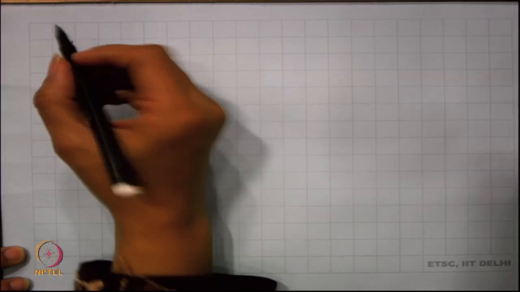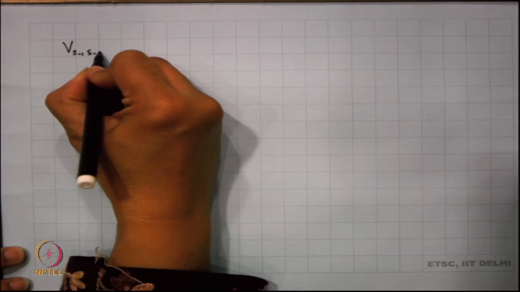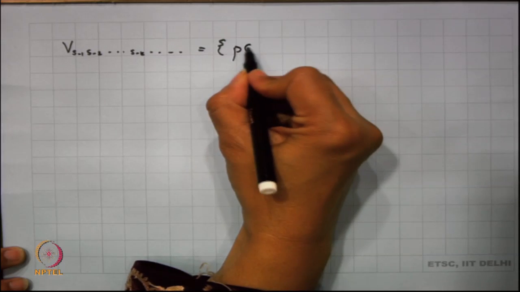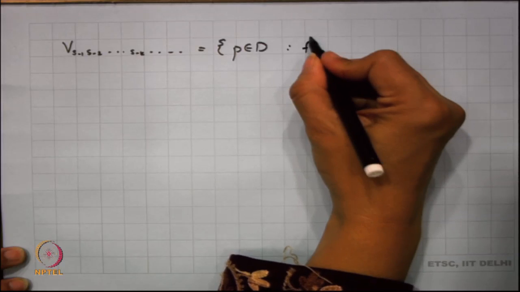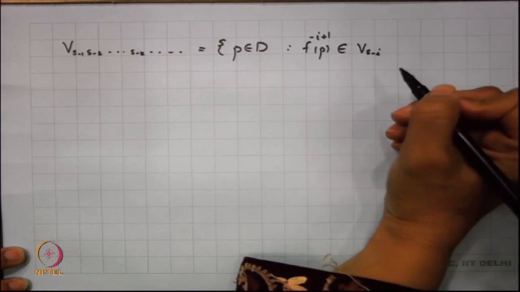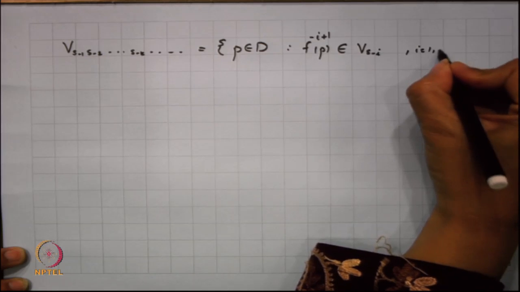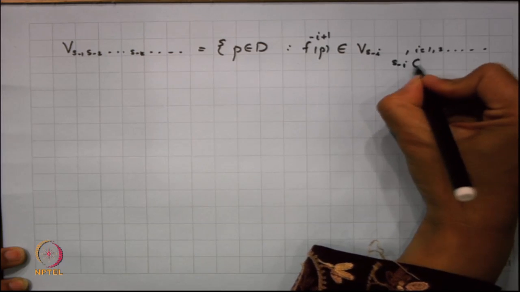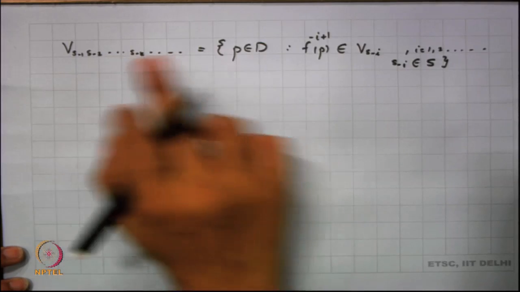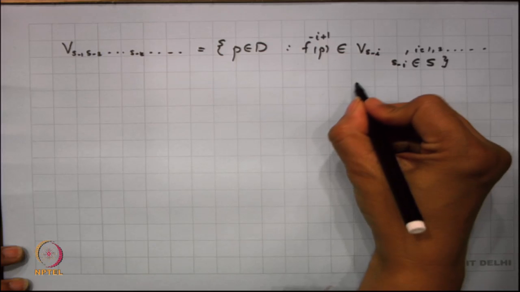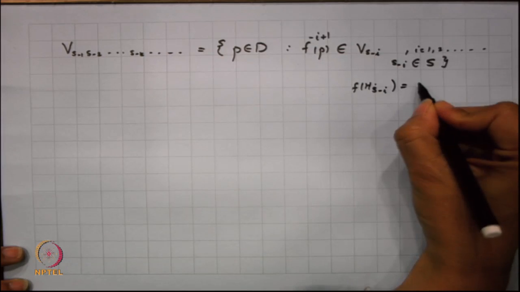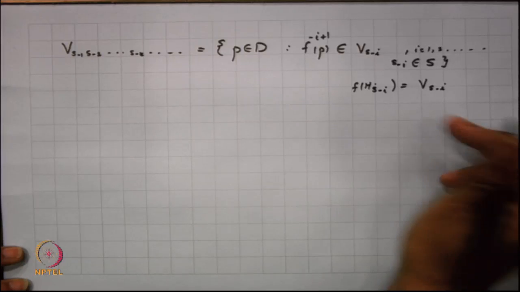So, my vertical line is V, s minus 1, s minus 2, s minus k and so on, which essentially is the set of all p in D such that f to the power minus i plus 1 of p belongs to V s minus i, for i going to 1, 2 and on, and my s minus i belongs to S. So, this was basically my vertical line, and if I look into this vertical line, we recall that f of H, or maybe I can take s minus i, will be nothing but V s minus i.